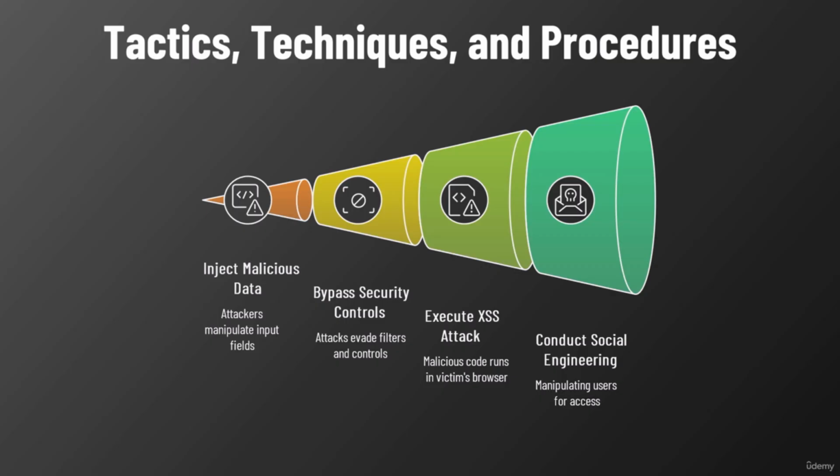For example, in cross-site scripting attacks, or XSS, adversaries inject malicious JavaScript into user-generated fields like comments or search bars. If that code is displayed without proper sanitization, it runs in the victim's browser, potentially stealing session tokens, redirecting to phishing sites, or altering the page content.